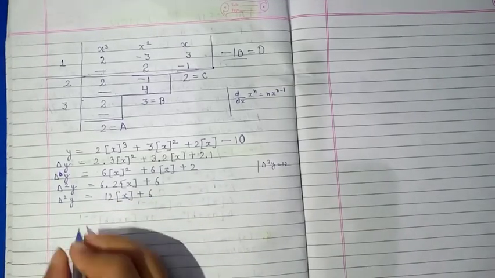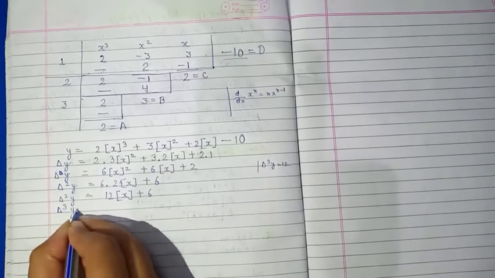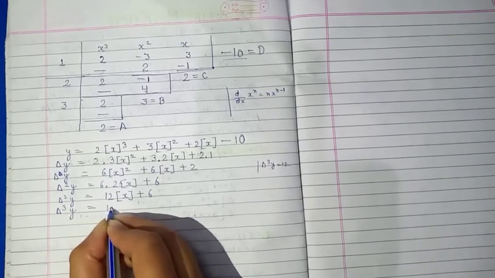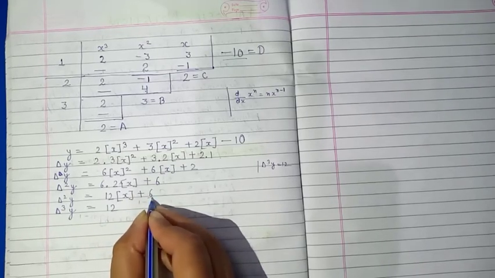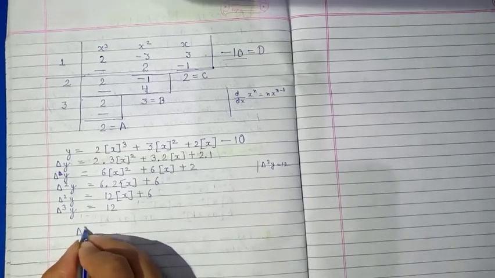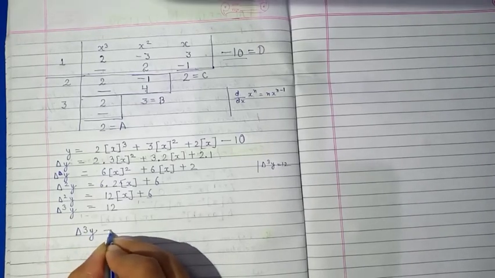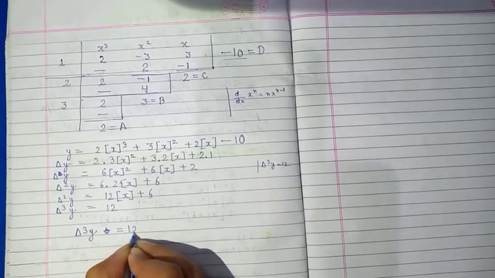Now again I am going to differentiate this, del cube y equal to 12, and the differentiation of x is 1, and the differentiation of this 6 is 0. So it has become del cube y is equal to 12.